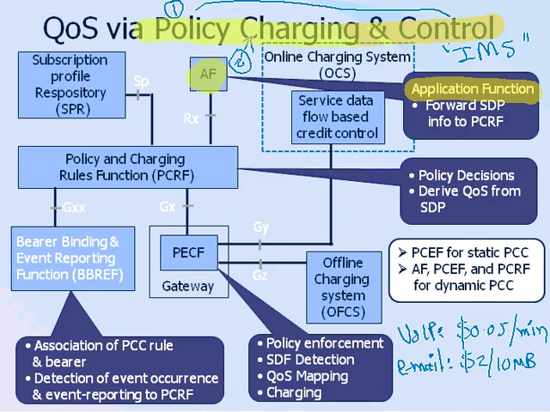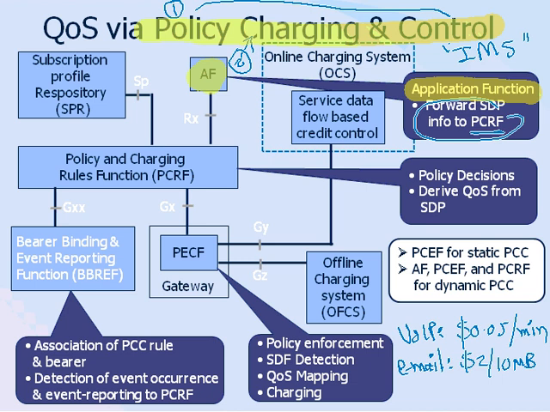So the application function, which is formally part of the IMS network, will then forward that to the PCRF, Policy and Charging Rules Function. So now the PCRF will then consult the subscription profile repository, SPR.